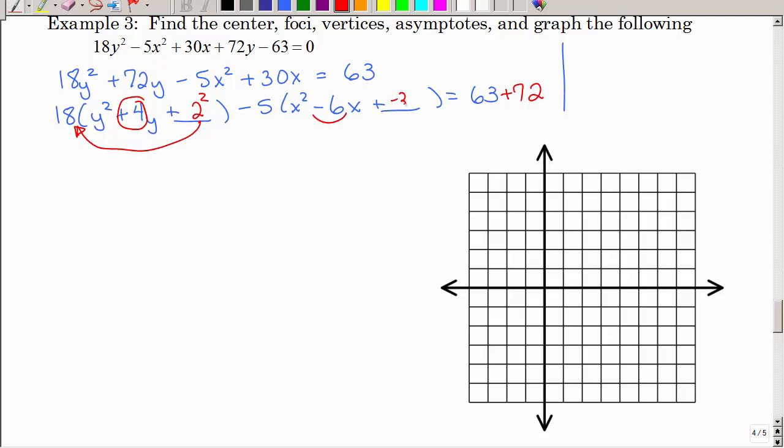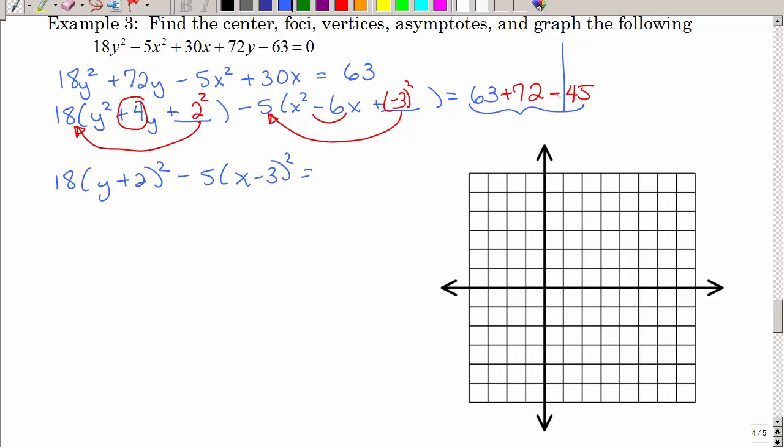Half of negative 6 is negative 3 squared, so that's 9 times that negative 5 is negative 45. Watch those signs.